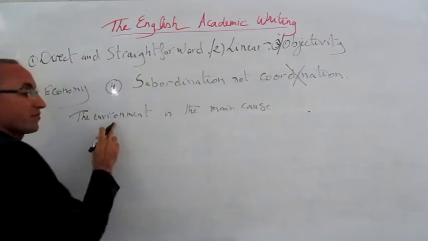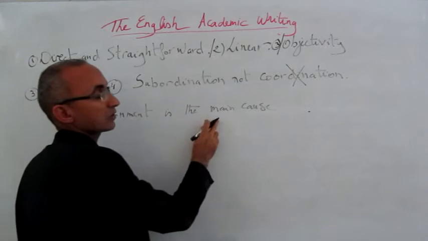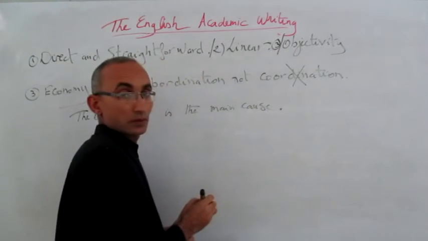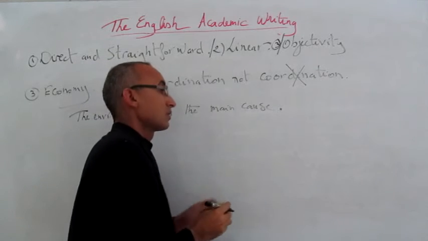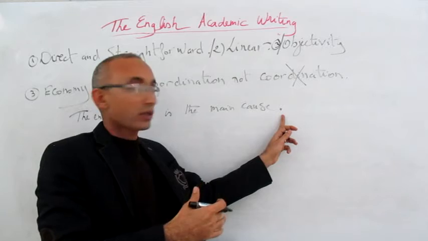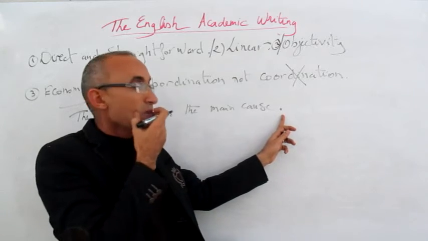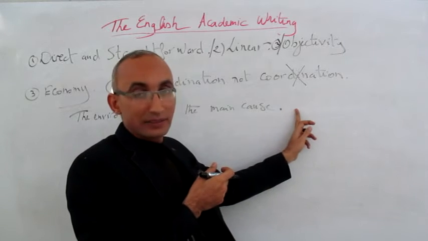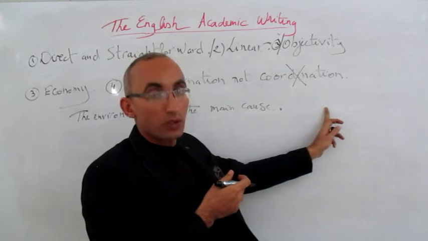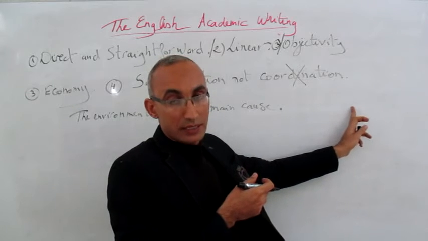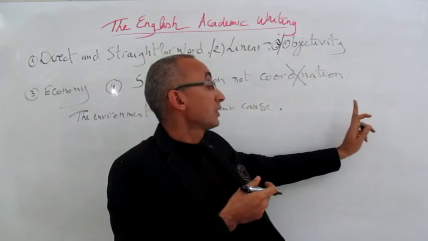Clear? The environment is the main cause of this problem. Here, if we follow the Arabic writing style, or other languages' writing style, we may write a comma and then: and it plays a very big role, for example, to spread this problem or this dilemma.